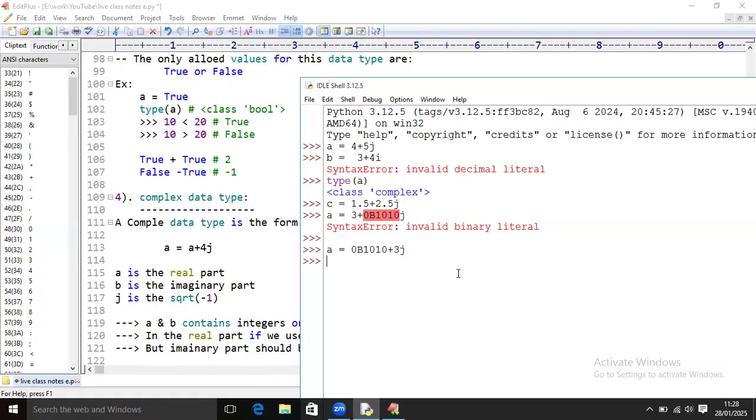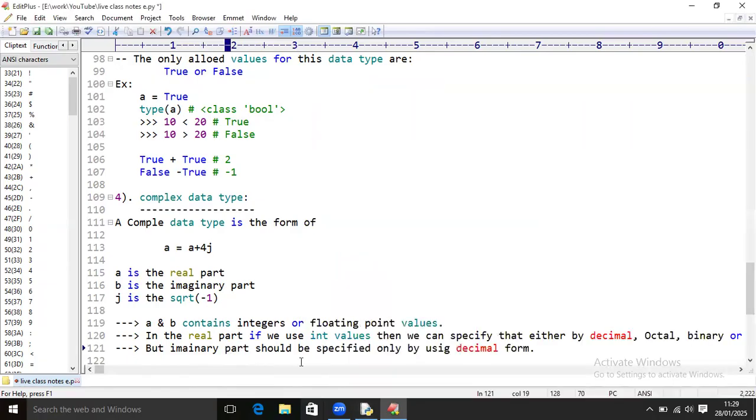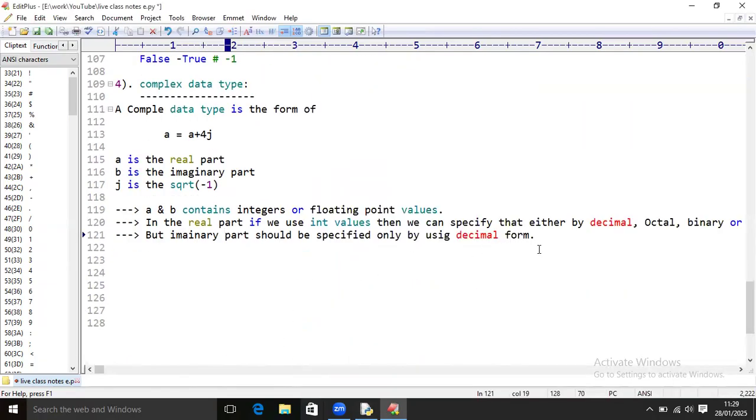It will accept, because, as we discussed in the last point, for the real part we can give any kind of number, any data type, but for the imaginary part we have to give only decimals and j only. Instead of j, if you give any other alphabet, it won't accept. That is the meaning of this.